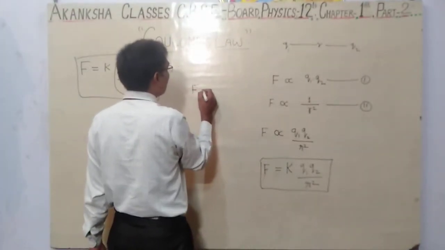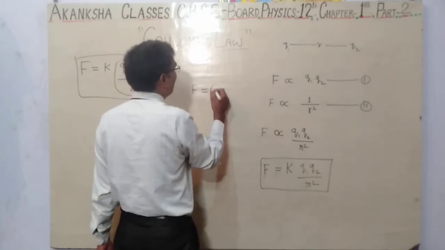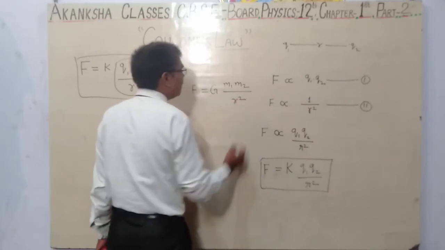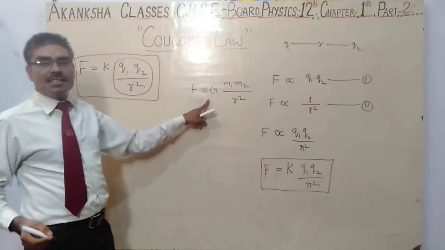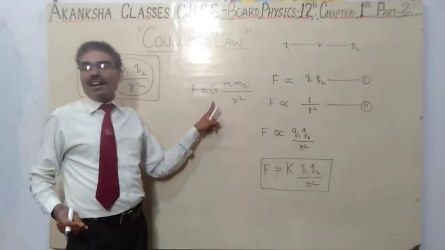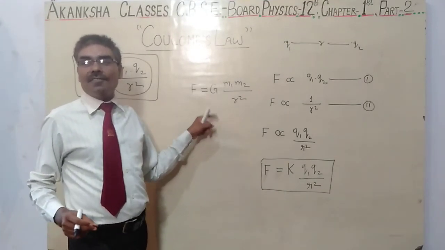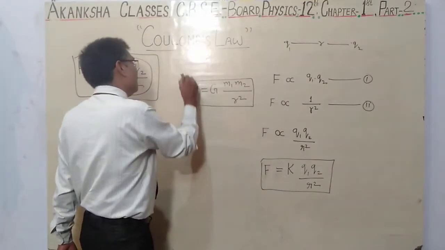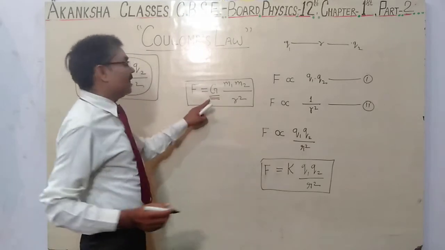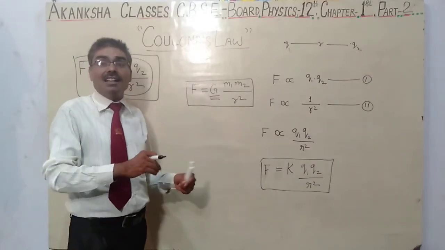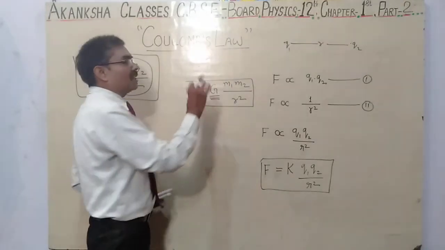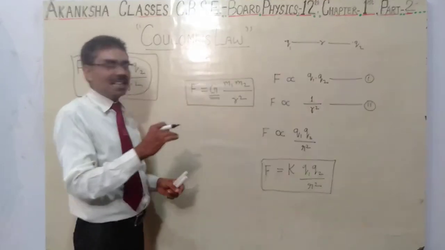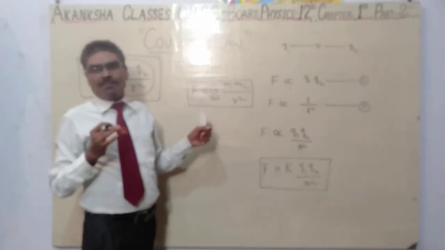What was that expression? F equals capital G m1 m2 by r square. Here G is called the universal constant of gravitation. This means the value of this constant remains unchanged. Even if we talk about vacuum, or we talk about water, this means there is no effect of the medium.